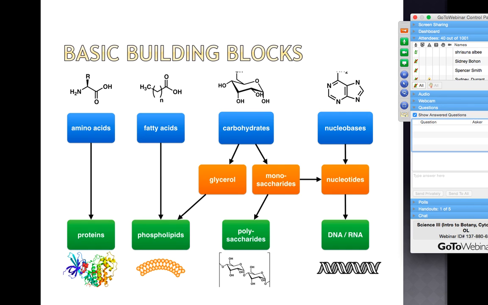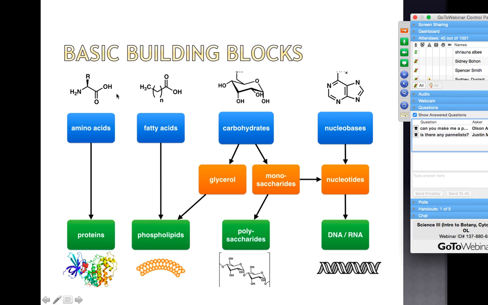Yes, go ahead. Okay. So whenever you see the squiggly lines, that means here there's a carbon, there's another carbon. In the case of the fatty acids, the parenthesis with subscript n means that the fatty acids are long chains of carbon. If we were to draw that, it would be squiggly, squiggly, squiggly, all with just carbon.